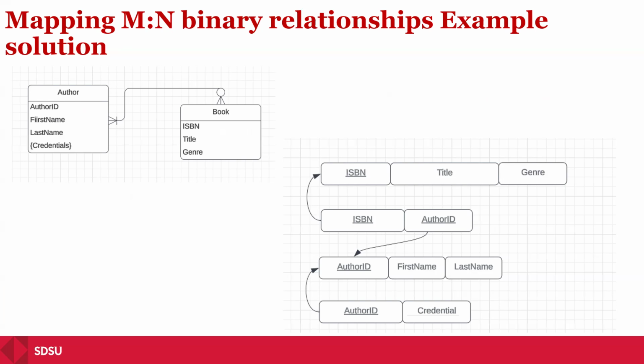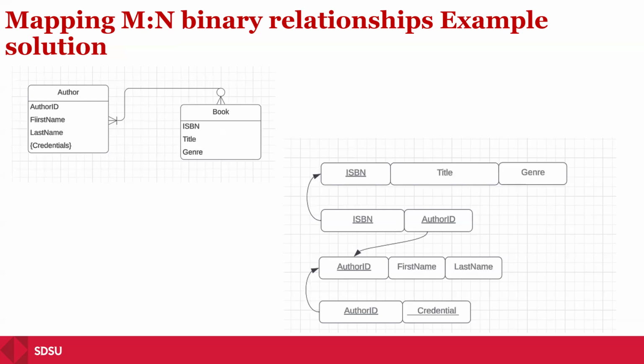Then we need to create a relation for the book. Book will have a separate relation, with primary key of ISBN and title and genre as attributes. And again, since it's a many-to-many relationship, we need to create a separate relation to link those two. This separate relation will have two attributes.